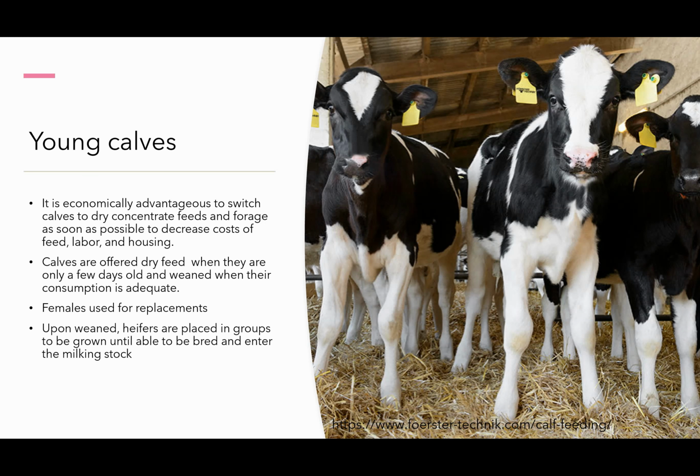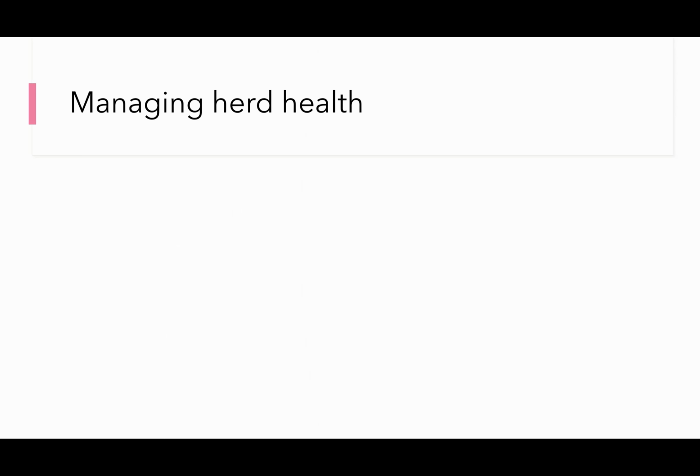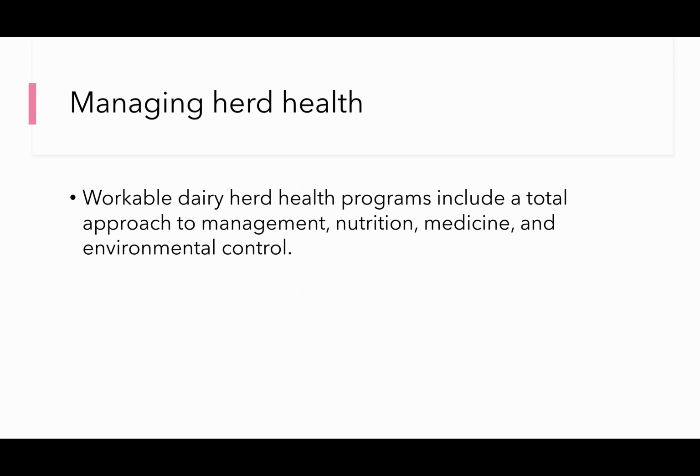Females are typically going to be the replacements, and the heifers are placed in groups where they're all grown together until they are bred and then calved into the milking group. Males are also sold for veal, or they'll go to a feedlot where they are fed out to be finished for beef products. Now, it's important to always manage herd health, especially in the dairy industry.